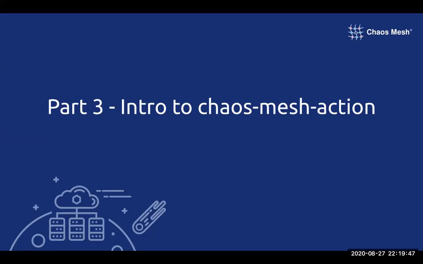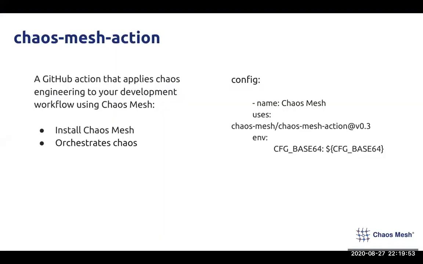Okay, now it's time to introduce Chaosmeshaction. In short, this project helps you use Chaosmesh in the workflow of GitHub action. This action is very simple. You can look at the source code in GitHub. It only contains some scripts, and this action mainly does two things.